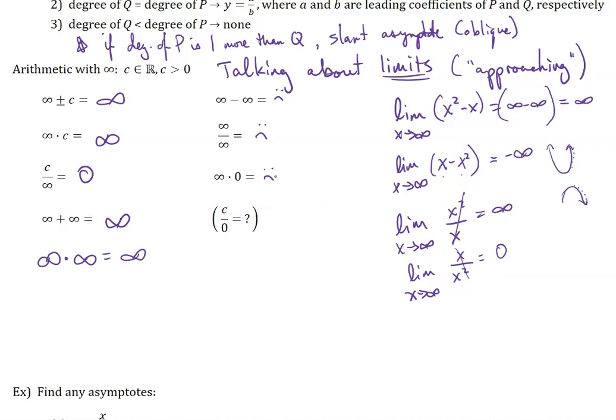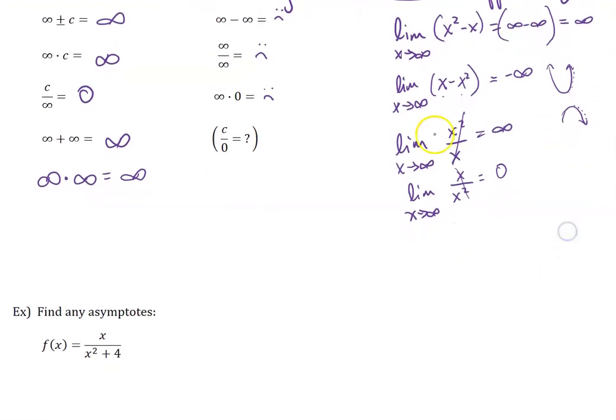It's another indeterminate form. And again, I'll give you an example. Let's think about these that we just did, but I'm going to break them apart. I'm going to write this as the limit as x approaches infinity of x squared over x, which is equal to the limit as x approaches infinity of x squared times 1 over x, okay?